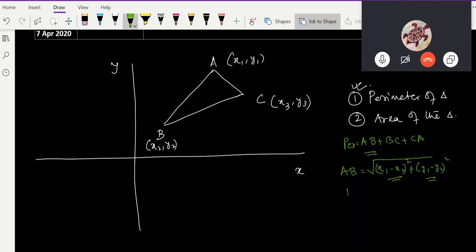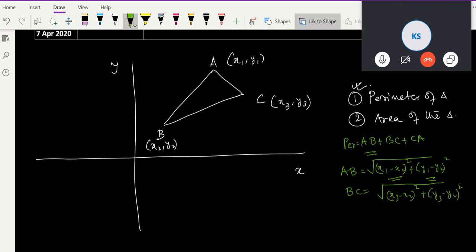BC would be similarly the square root of x3 minus x2 squared plus y3 minus y2 squared.